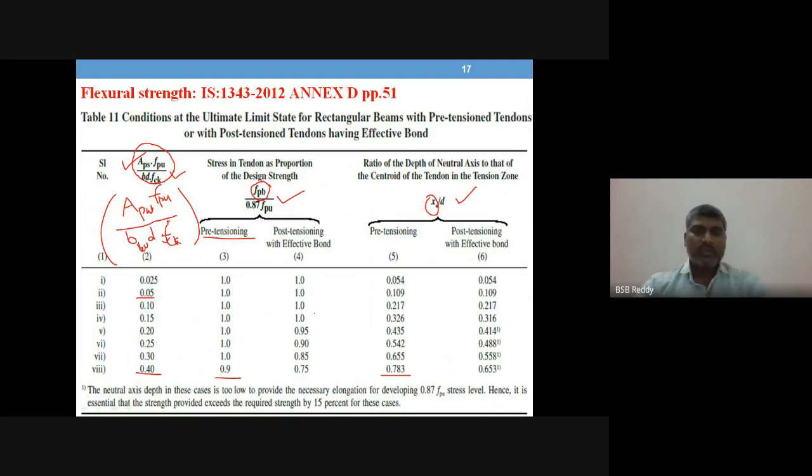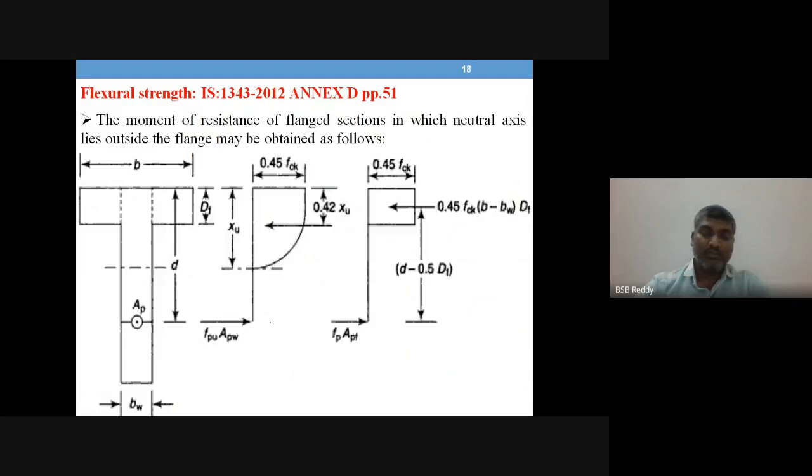Okay, right? So it is 1 and 0.109. If you want the exact value for 0.04, you have to interpolate between these two values, 0.025 and 0.05. If you do not want to go into too many calculations, just pick up the nearest value.